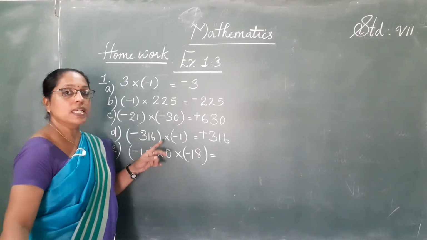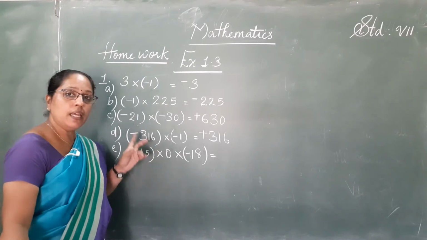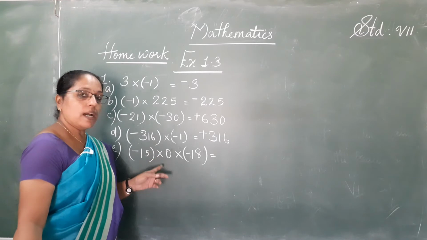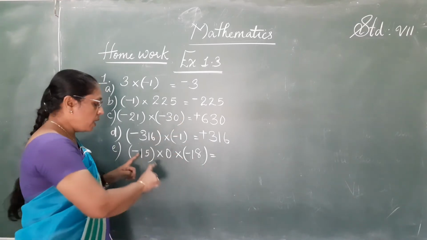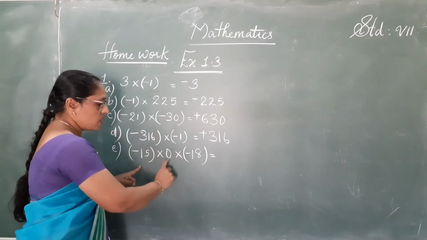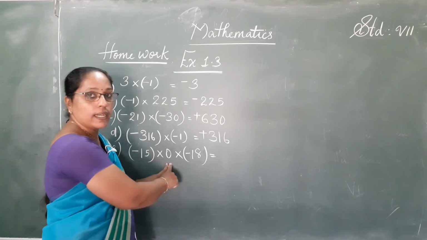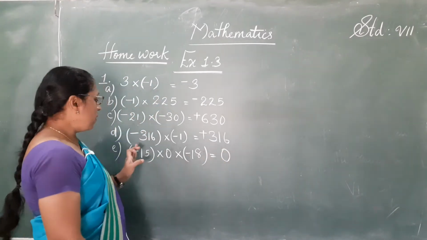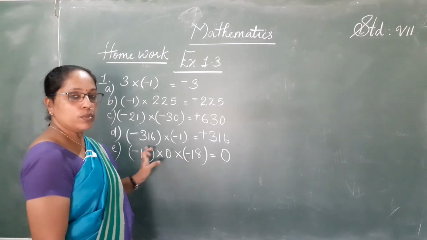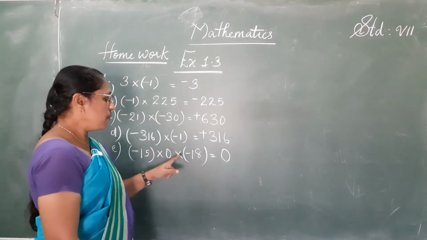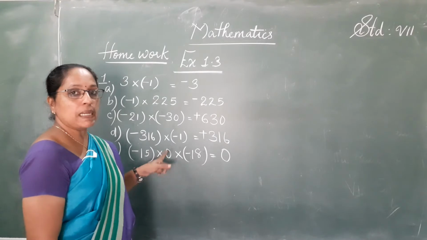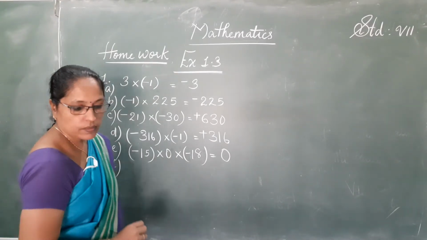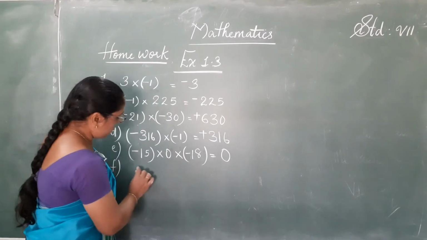Last week we discussed the property of multiplication by 0: when you multiply any integer by 0, the answer will be 0. So the answer is 0. Even if the other integers have the same sign, it doesn't matter because they are multiplied with 0.